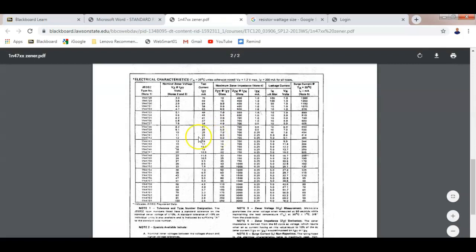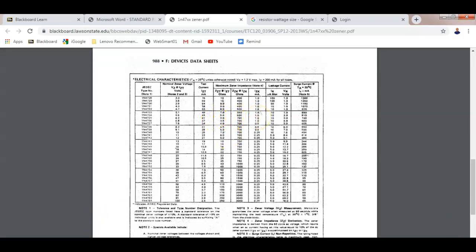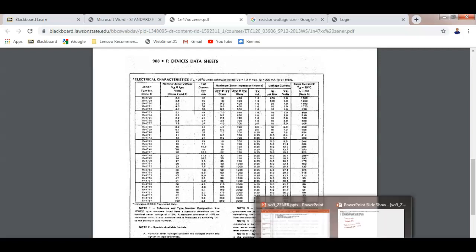So if it shows up a little better, 5.6 volts would be this guy right here, 4734. And then IZK, we'll go ahead and get that now, is 1 milliamp, right? One in 4734.